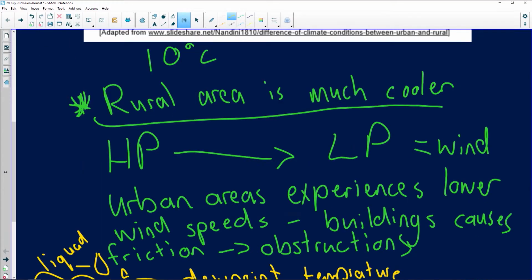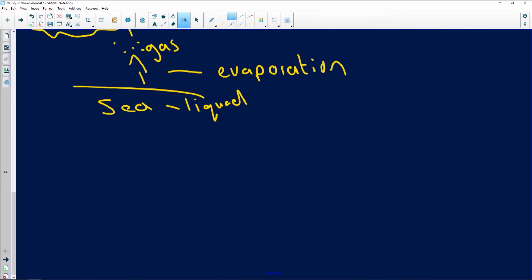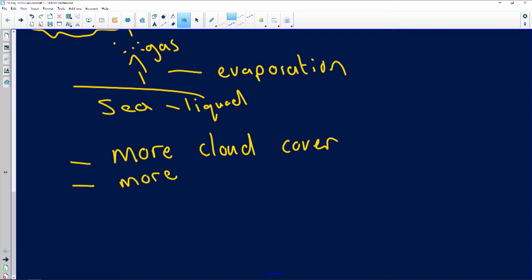So the correct answer, there is definitely more evaporation in area A, and I can mention over here because we can see more cloud cover. We can see more vegetation. And by adding this, it's more natural areas.